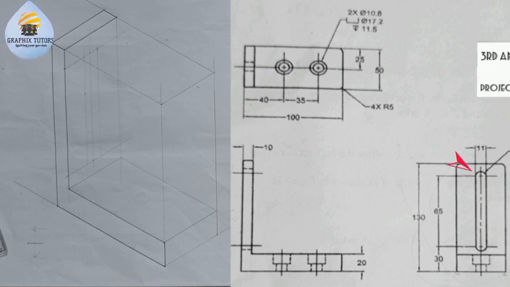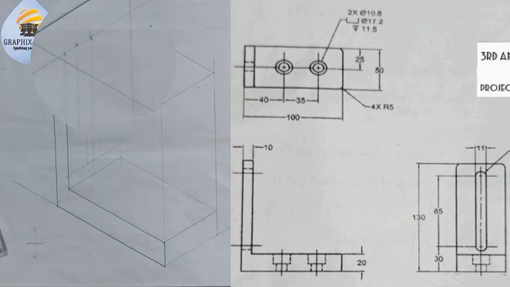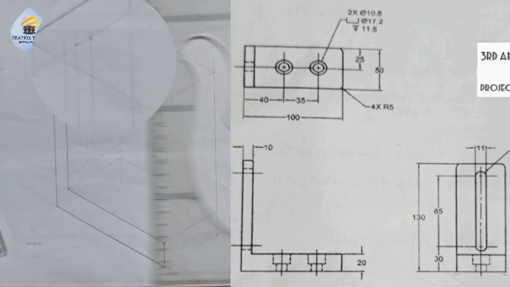Now we will use the knowledge of your isometric circle, your iso circle, to draw it, which is the approximate method to draw your isometric curve there. So what I will do here is this. I will take my compass.